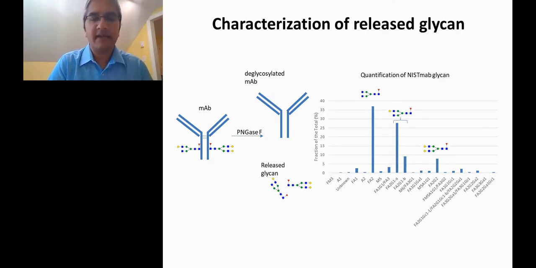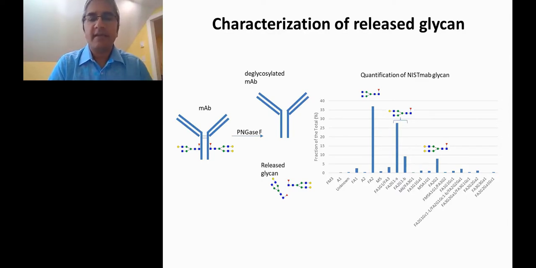And then the next level is, of course, looking at the released glycans. We release the glycans using PNGase F, given this N-linked glycosylation site, and we label the glycans. We've tried different labels, including 2-AB and some others. We use a HILIC LC column to do the LC, followed by LCMS, to get a detailed read on the types of glycans released from the antibody.